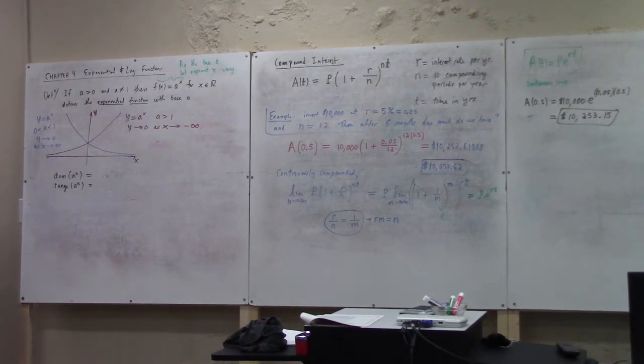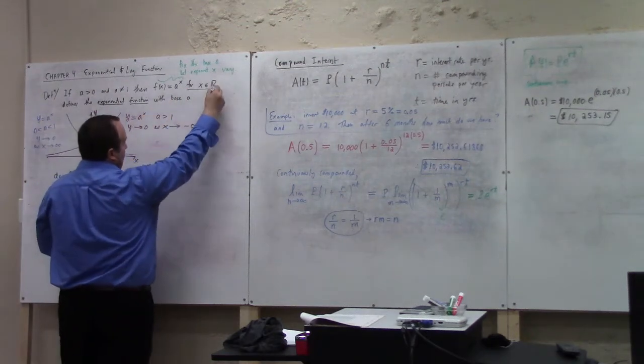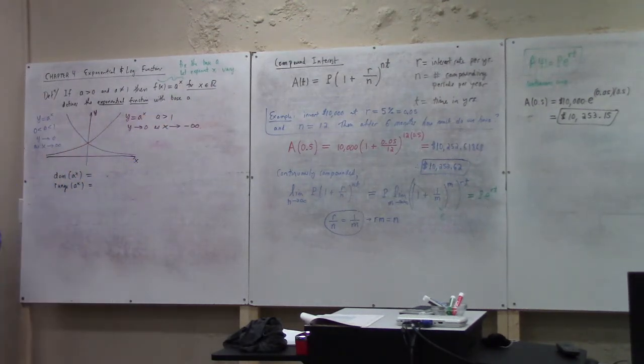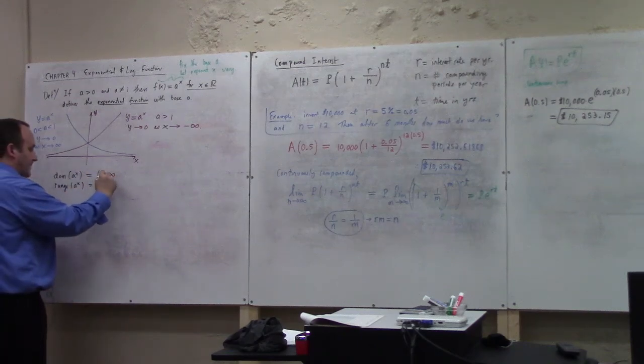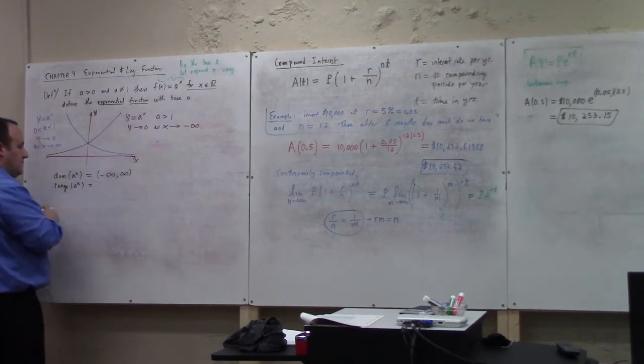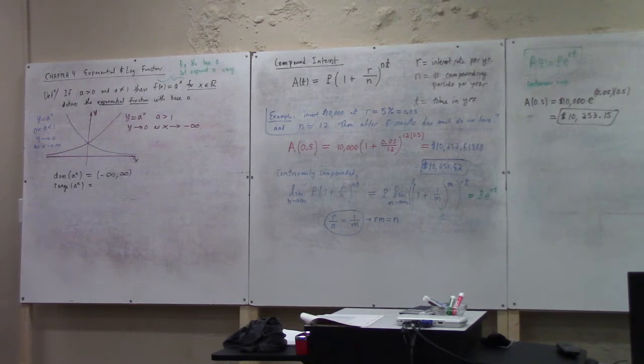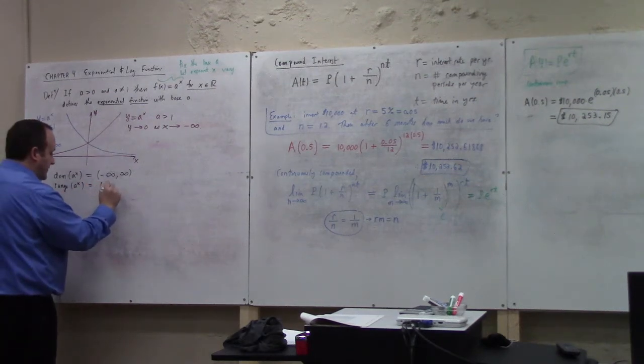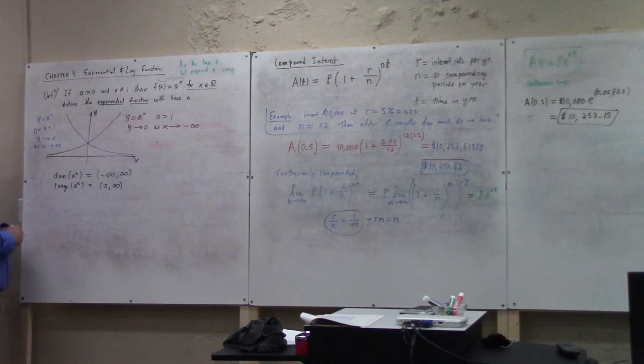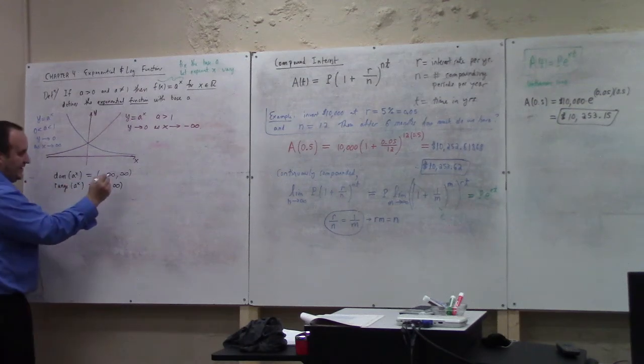Remember what I said at the very start? I said x in the reals. So the domain is everything, all real numbers. What's the range? Zero to infinity, right?